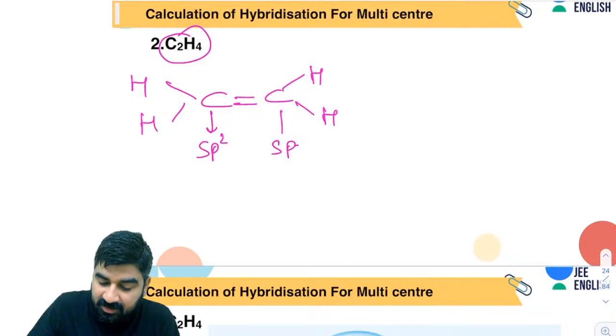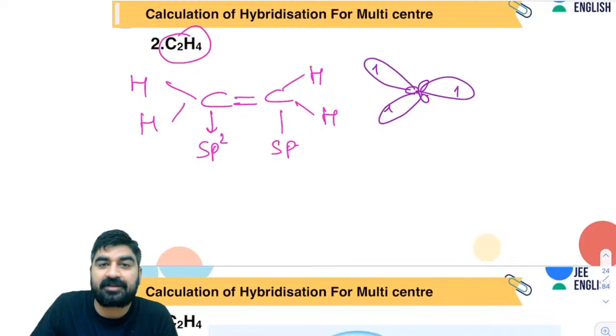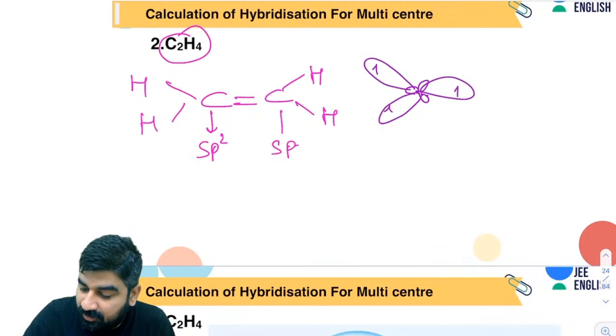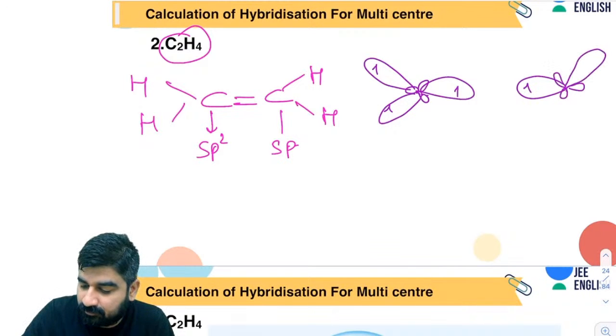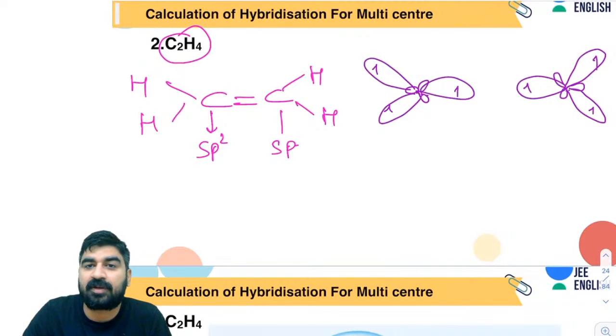I'm making the hybridized orbital this way. One electron is there, right? And then for another carbon, we have this.